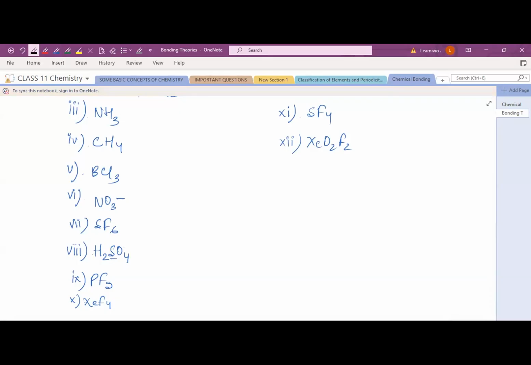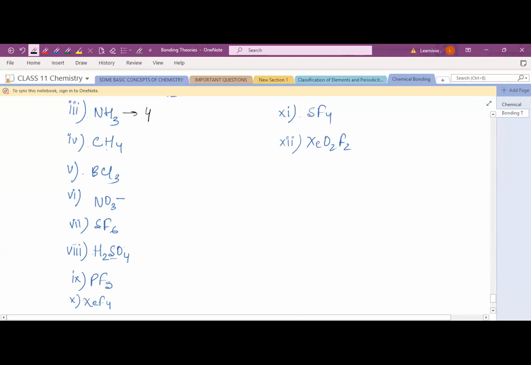What is the steric number? 4. Second one, CH4. Yeah, it's correct. 4. What is the steric number, right? 4.